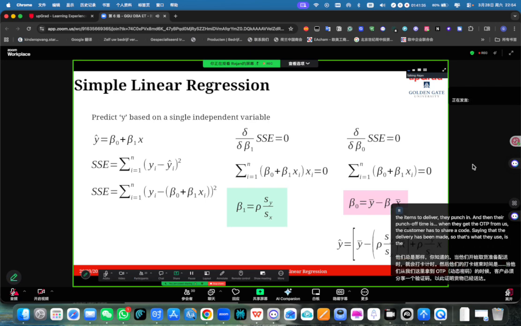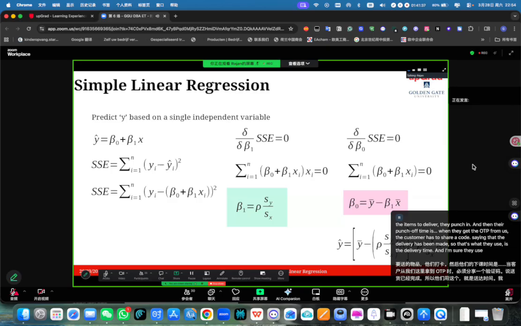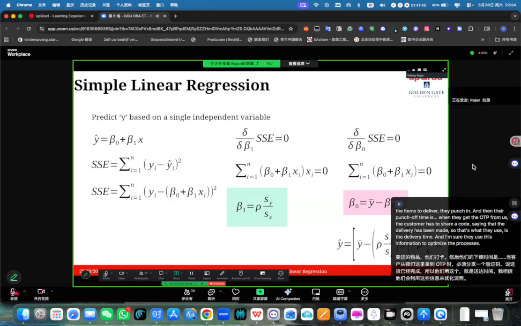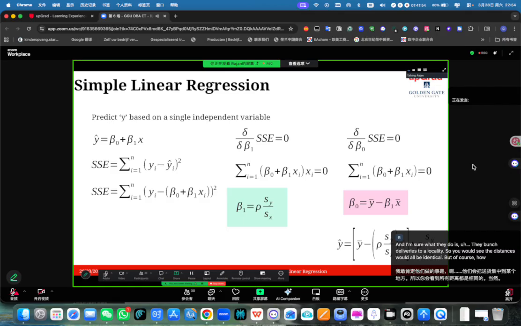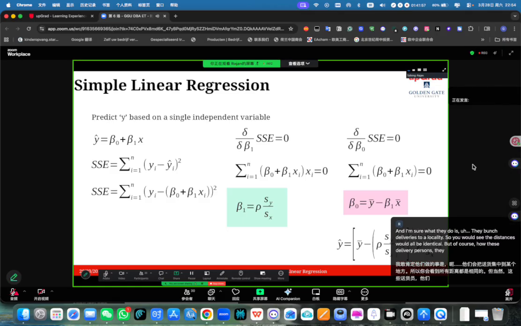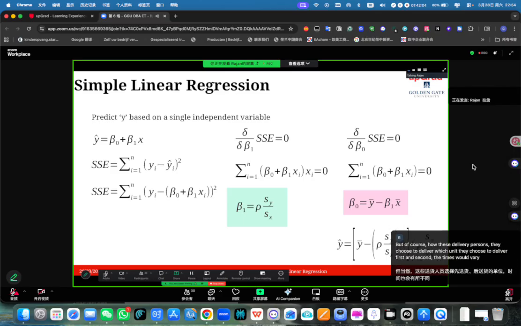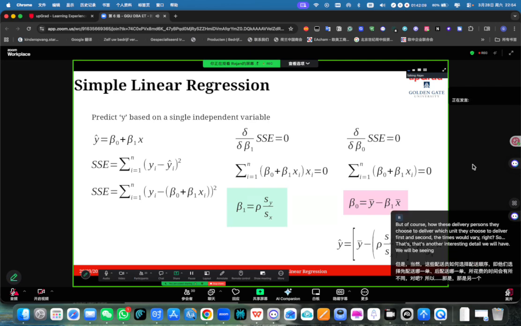And I'm sure they use this information to optimize their processes. They bunch deliveries to a locality, so you would see the distances would all be identical. But how these delivery persons choose which unit to deliver first and second, the times would vary, right? So that's another interesting detail we will be seeing in real data, but of course not in this data that we have.